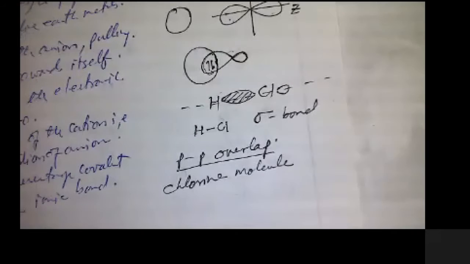Chlorine molecule. If I take chlorine, what will be there? Two chlorines will be there, isn't it? So you have a chlorine here, another chlorine here. Each chlorine, how many electrons? You know, they are 17. Just now we saw the configuration is 1s2, 2s2, 2p6, 3s2, 3p5.